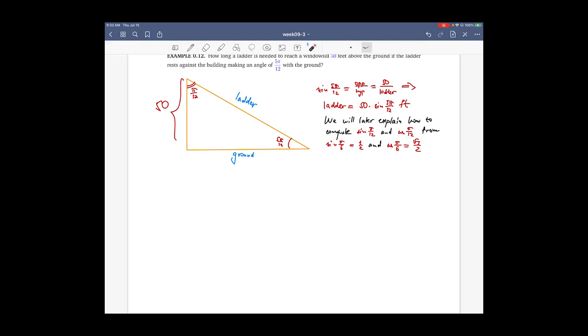And if we did know sine and cosine of pi over 12, then of course the desired angle 5 pi over 12 is also easy to deal with. Say sine of 5 pi over 12 is simply sine of pi over 2 minus pi over 6.